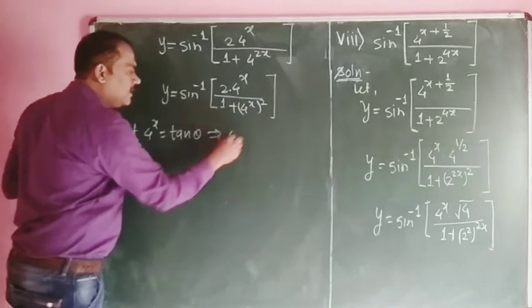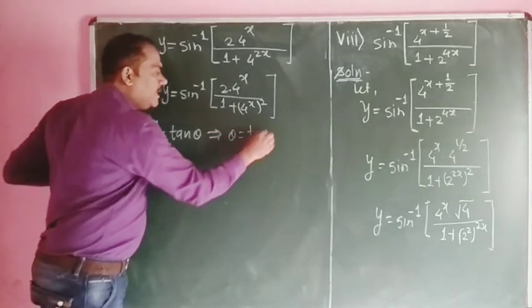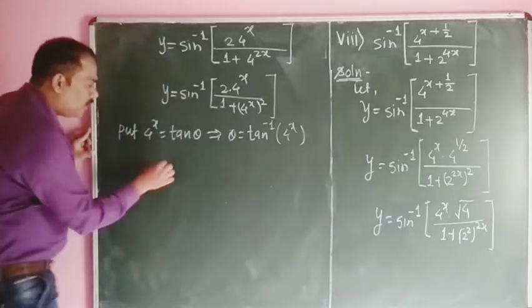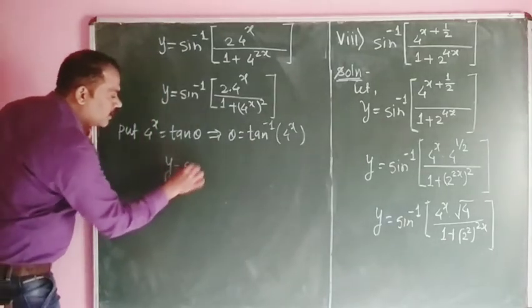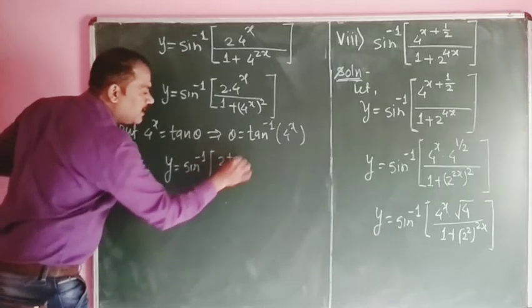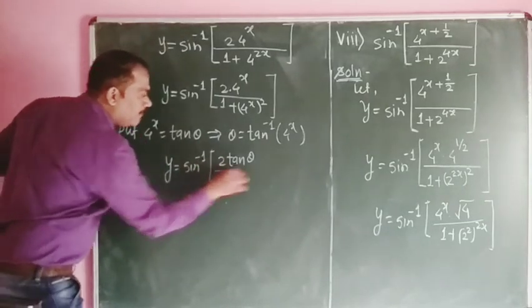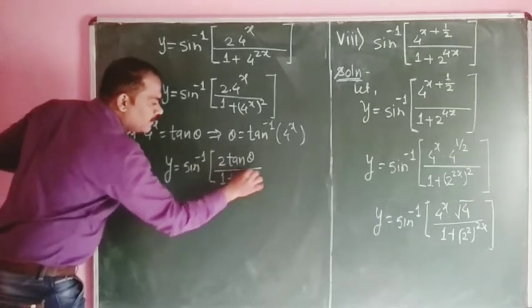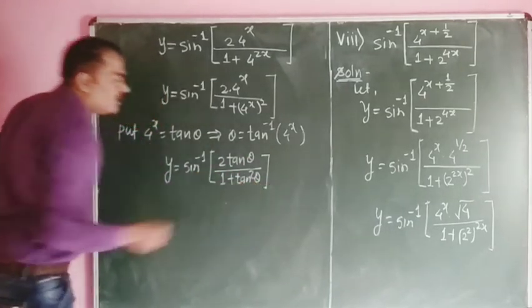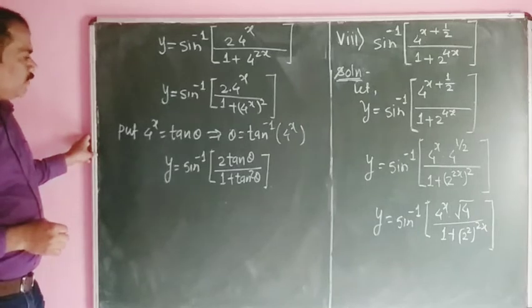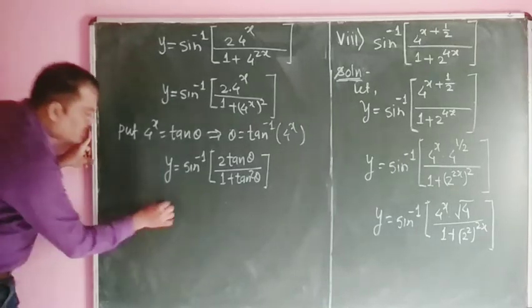This implies that theta is equal to tan inverse of 4 raised to x, so that we have to get y is equal to sin inverse of 2 times tan theta divided by 1 plus tan square theta.